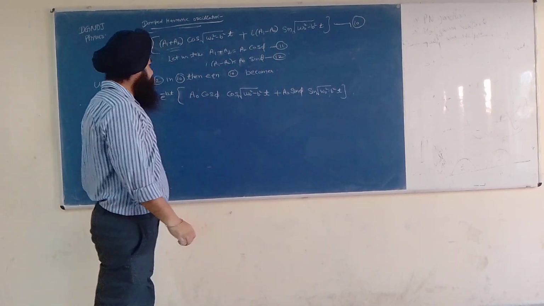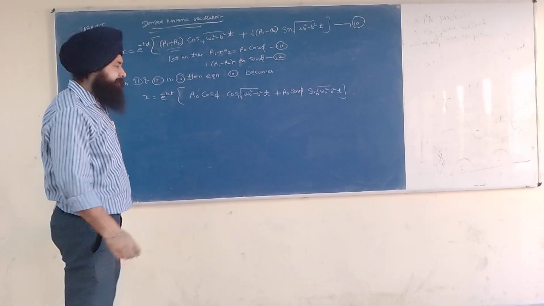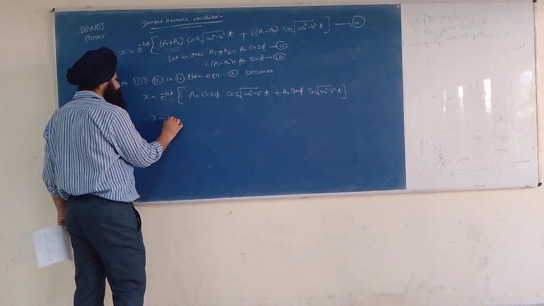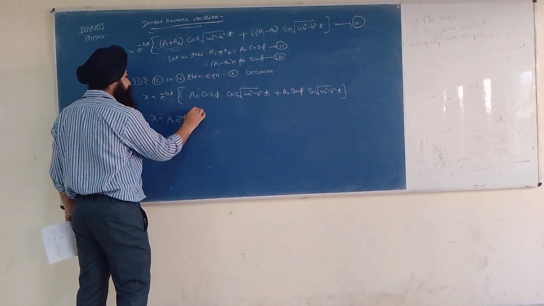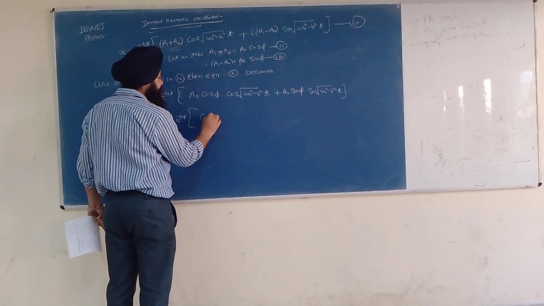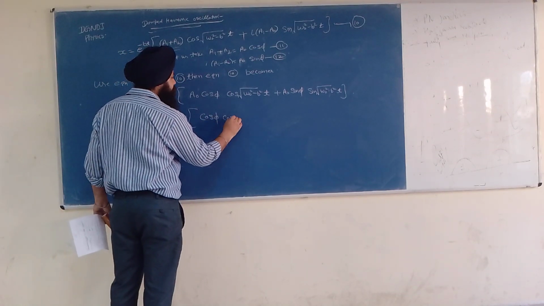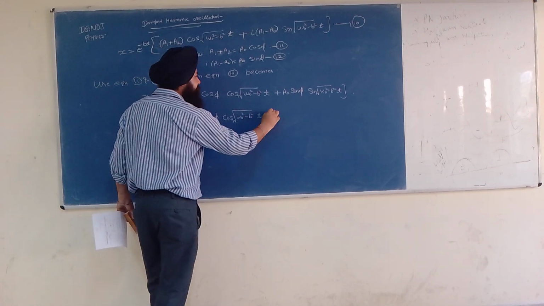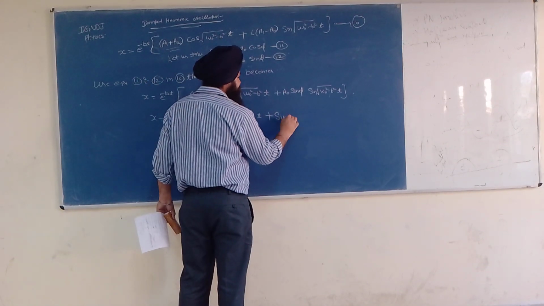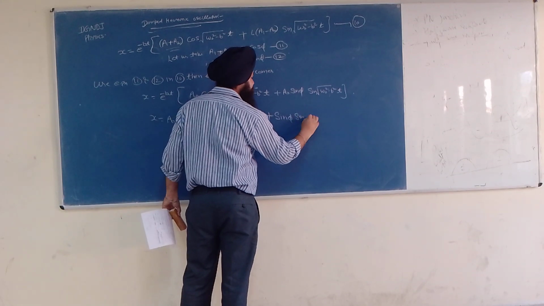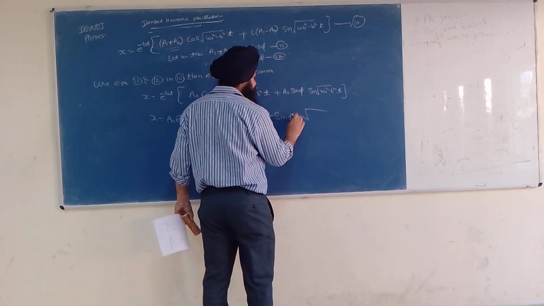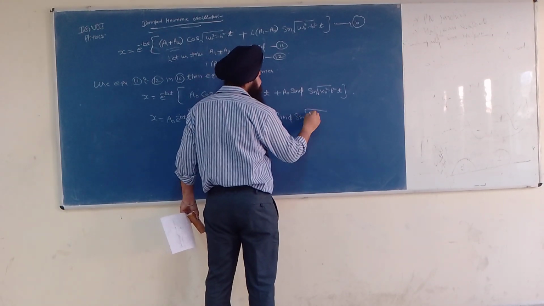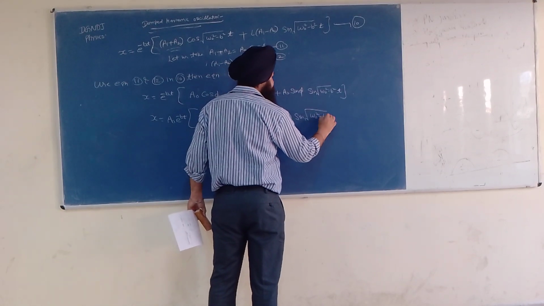Again a0 is constant, take it outside: cos phi into cos of square root of omega naught square minus b square into t plus sin phi into sin of square root of omega naught square minus b square into t.